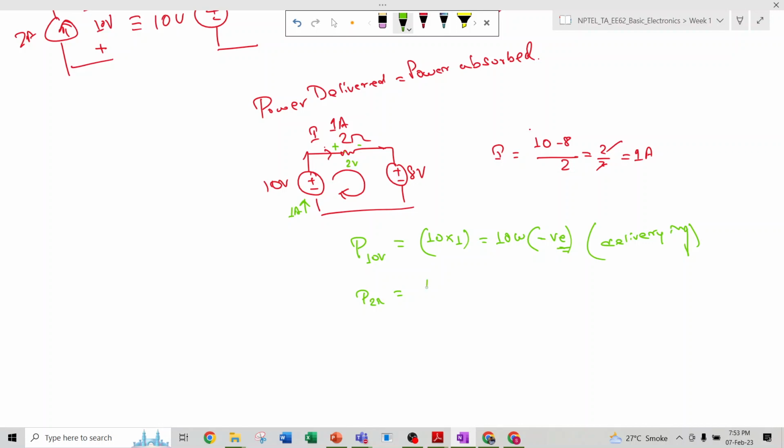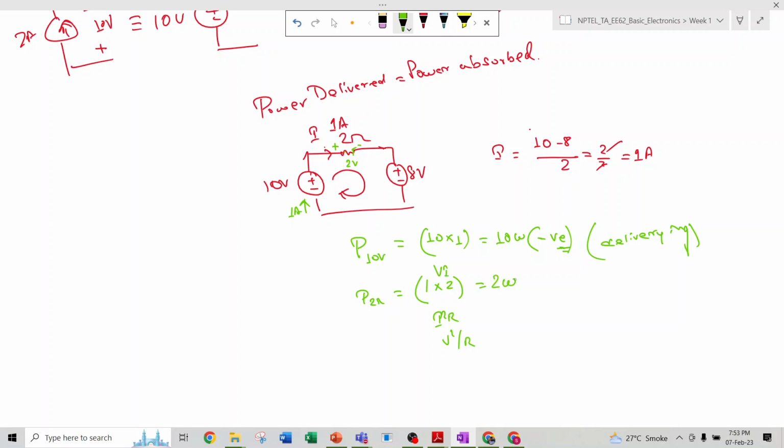So the power across 2 ohm will be current 1 ampere into voltage 2 volt. You can find it through V into I, or I square R, or V square by R, any formula. I square R means 1 square into 2, or V square by R means 2 square divided by 2.